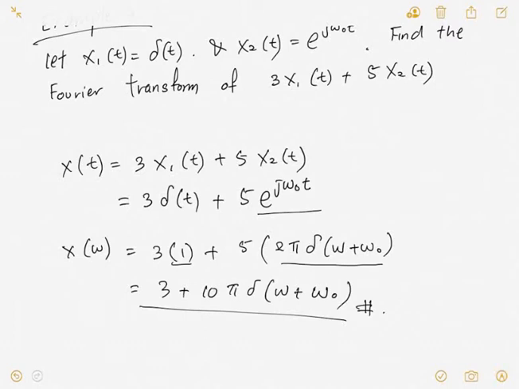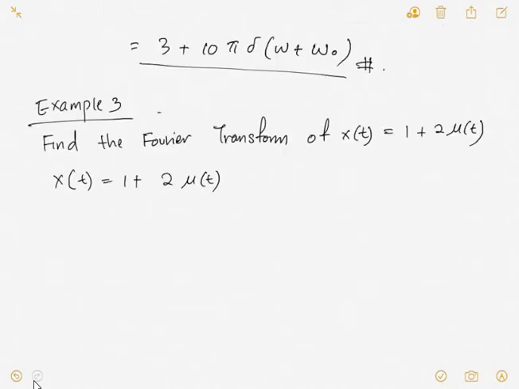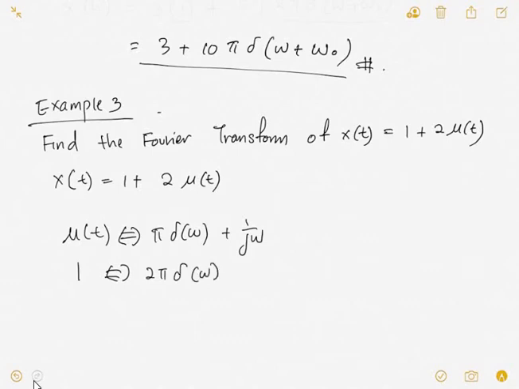Okay, let's look at another example. From the property tables, using linearity, you have u(t) equal to pi delta(omega) plus 1 over j omega, and you have 1, which refers to 2 pi delta(omega). So X(omega) equals 2 pi delta(omega) plus 2 pi delta(omega) plus 2 over j omega.